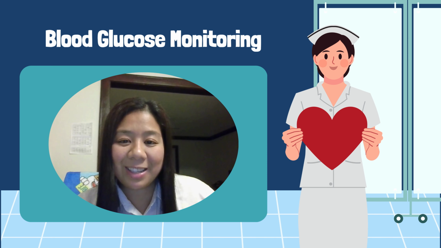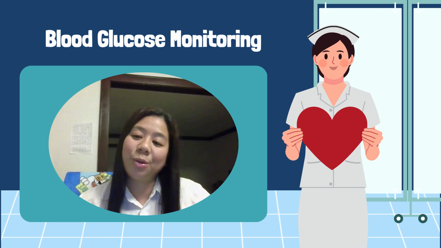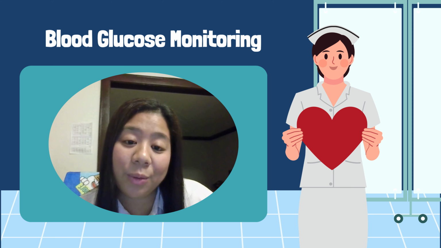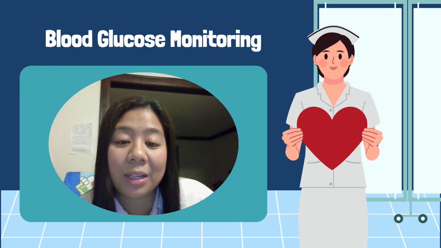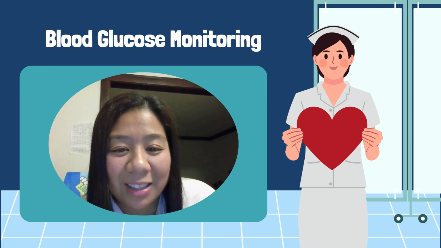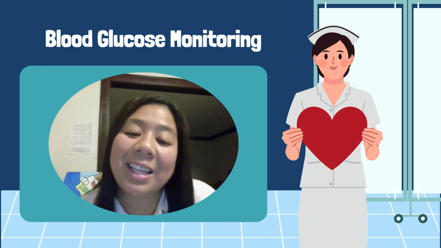So let's now discuss what blood glucose monitoring is. It is one of the most important aspects of managing diabetes, especially for individuals who have been diagnosed with type 1 diabetes mellitus and those who are taking which medication again? The one that they're injecting subcutaneously in order to control the blood sugar? It is insulin.